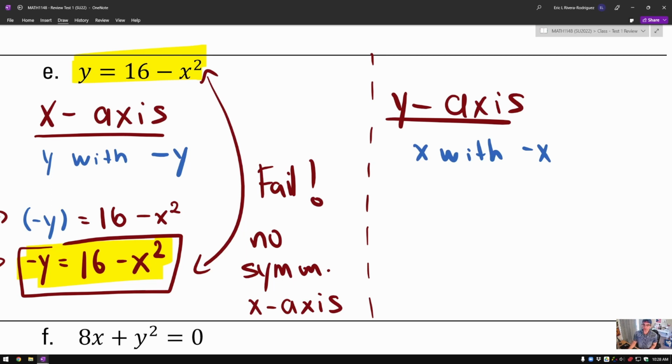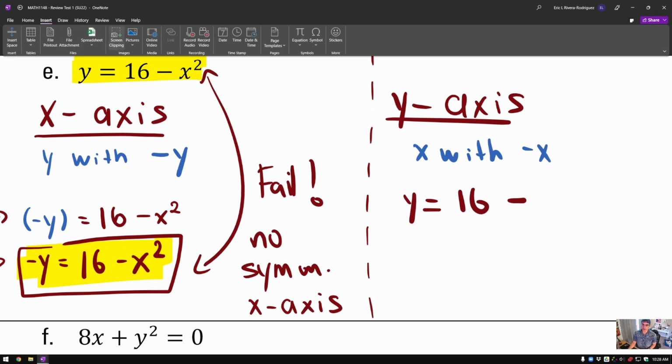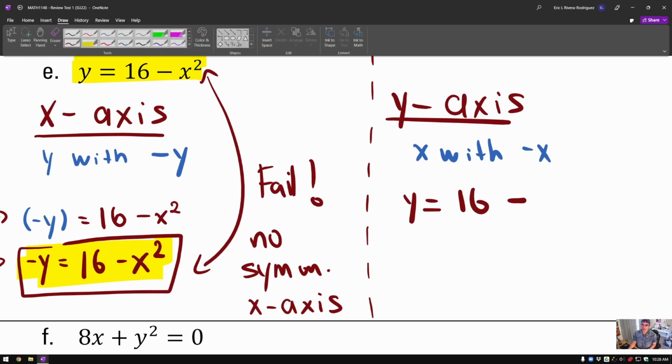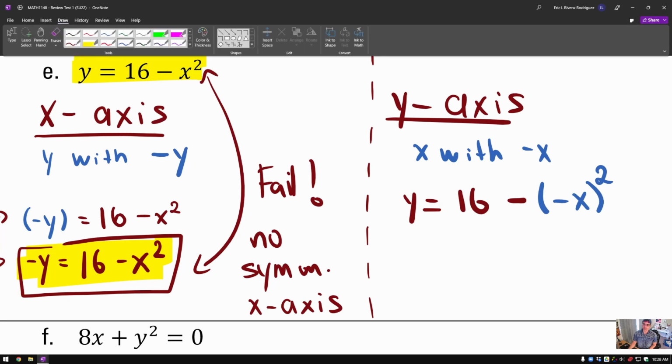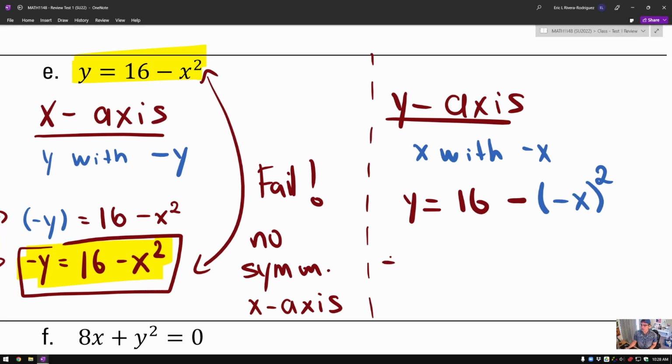So what I'm going to do is take the original equation, y equals 16 minus, careful here, minus open parenthesis, minus x, closing parenthesis, and do not forget the power of 2. That power of 2 here is important. So we are going to simplify this.